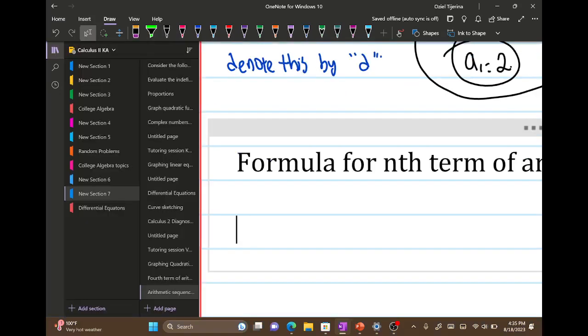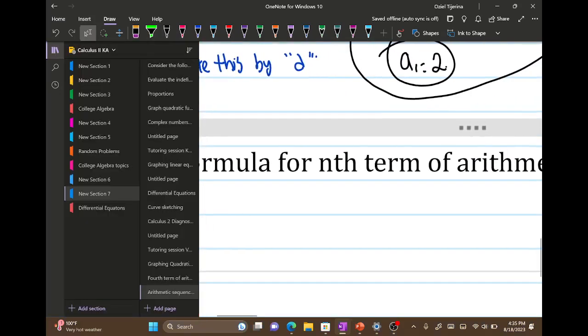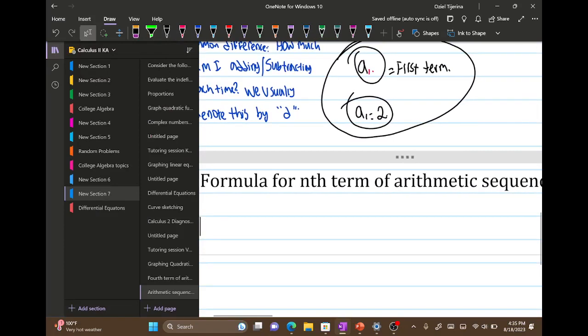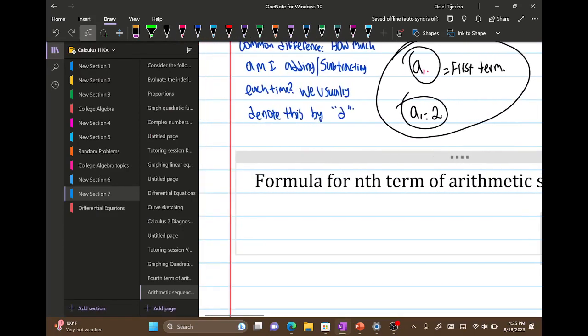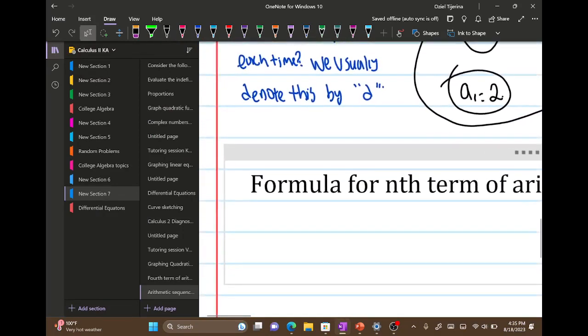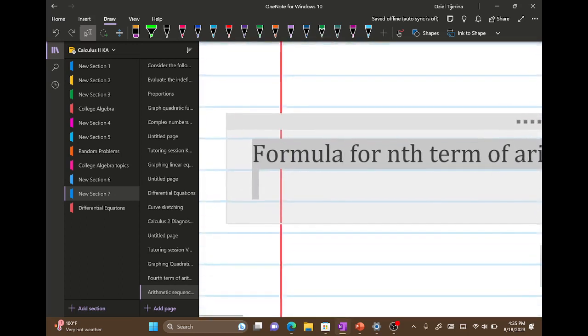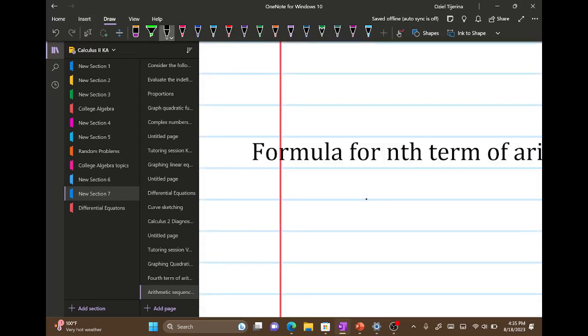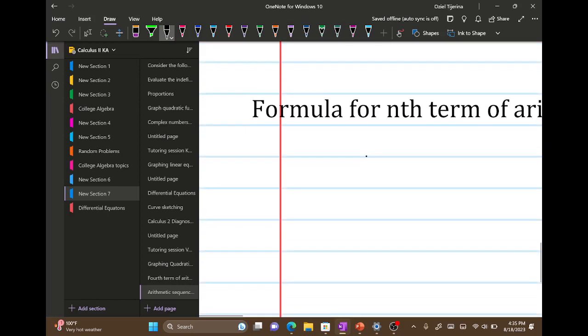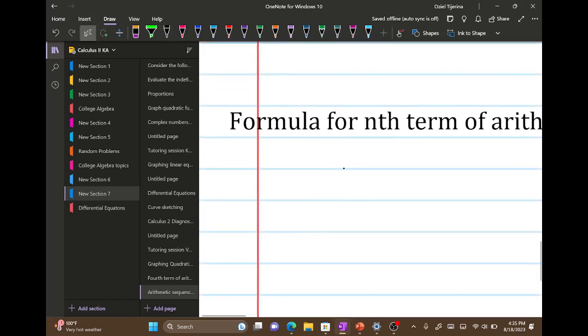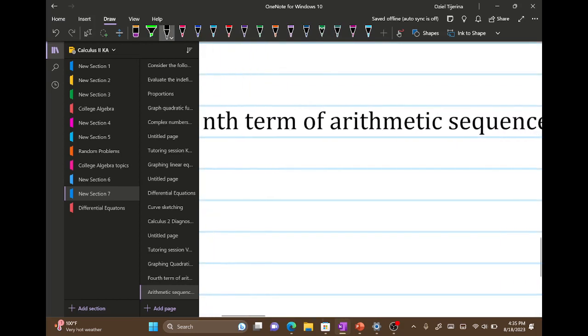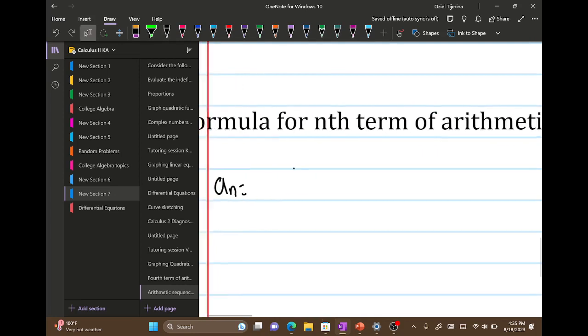Like I said, guys, there's a formula for the nth term of an arithmetic sequence, and it usually involves 3 things. The first part is the A sub n. That is what we're going to define as our formula. Since we're talking about an arithmetic sequence, we would define it as arithmetic.